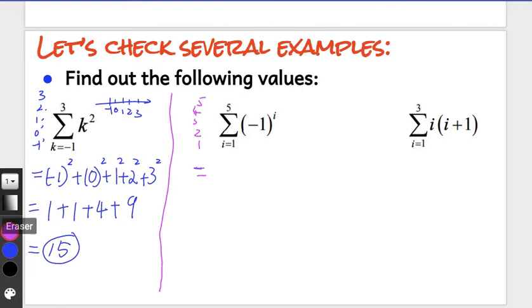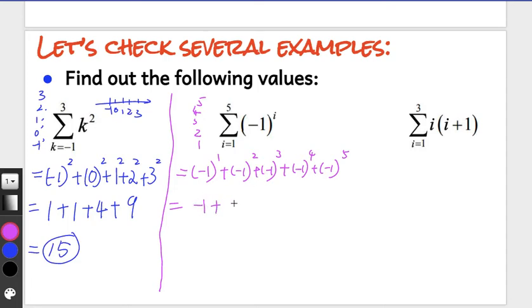What does that mean? I'm going to rewrite everything. It seems like it's always negative 1 to something: negative 1 to the first power, second, third, fourth, fifth. This sequence is actually quite interesting because if you see all the numbers here, negative 1 to the first power is negative 1, but the even power always gives you positive, and the odd power always gives you negative.